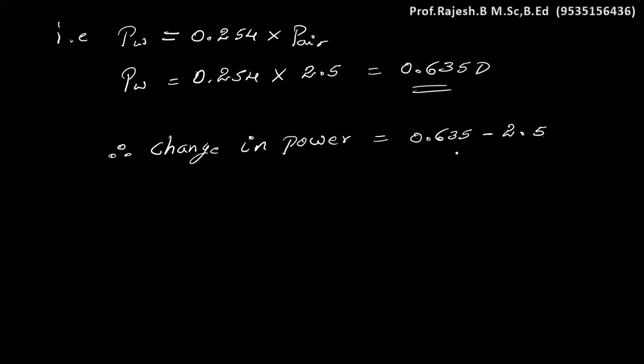Right? Okay, for change in power, better you take higher minus lower value. Higher minus lower, I will take this one. So it comes to 1.865 diopter.